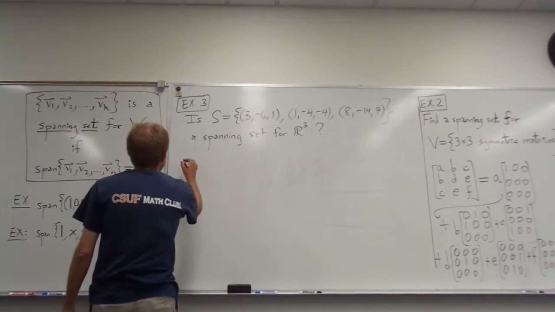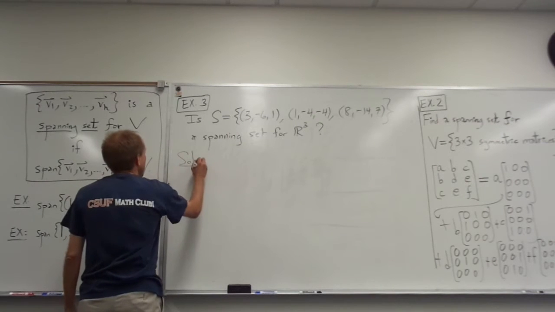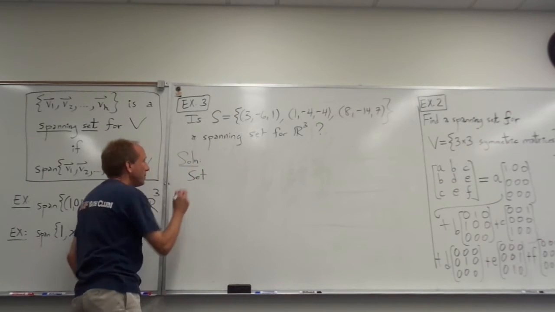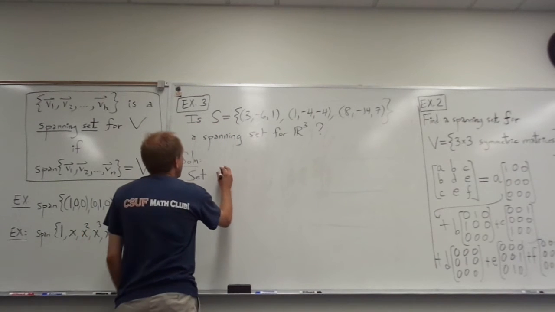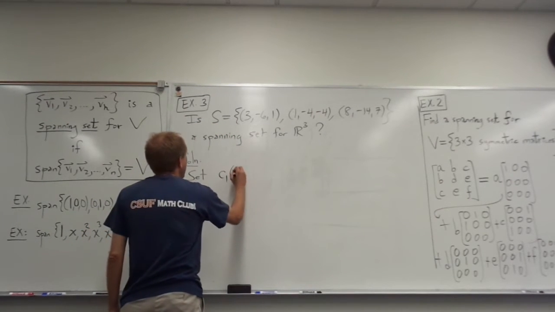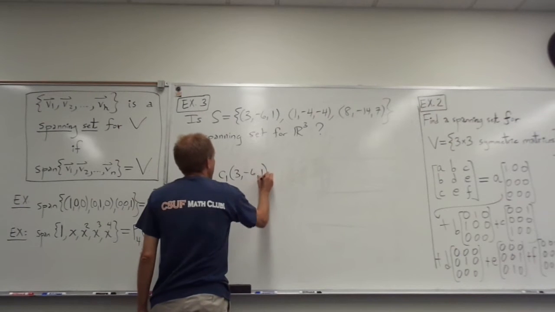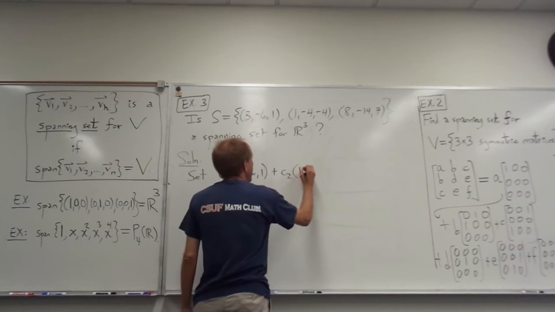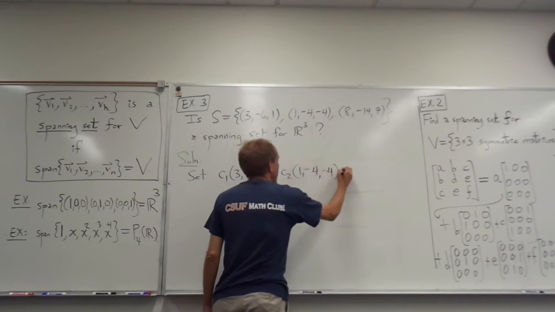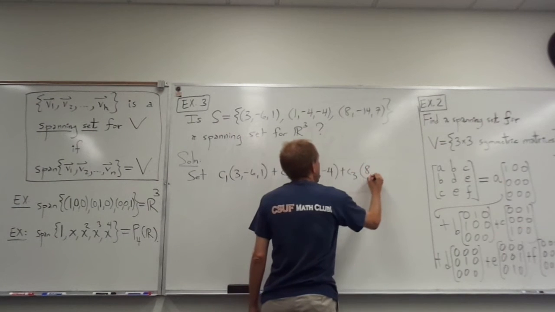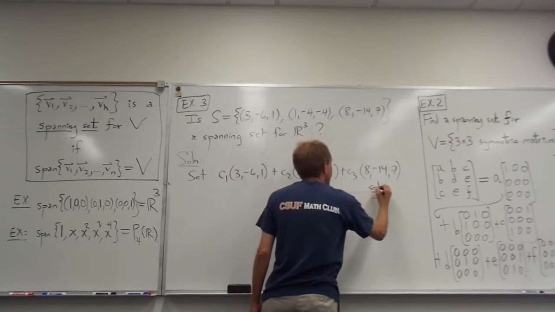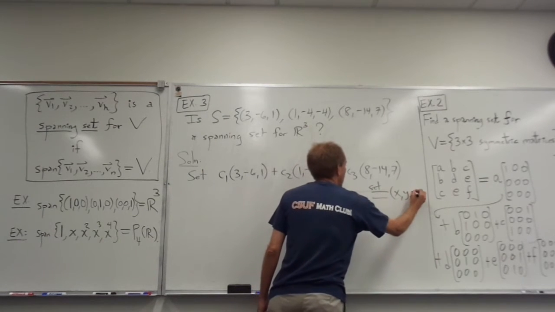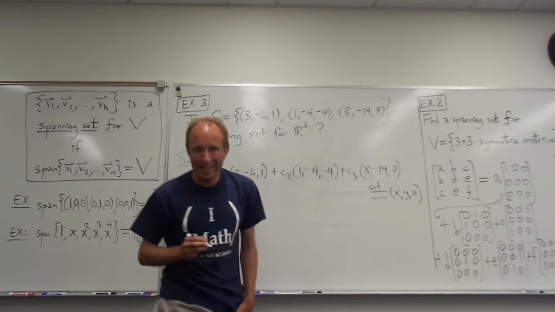So what we try to do to answer this kind of question is set up a linear combination of these vectors. I'll call it C1 times (3, -6, 1), plus C2 times (1, -4, -4), plus C3 times (8, -14, 7). We try to set that equal to an arbitrary vector (x, y, z).